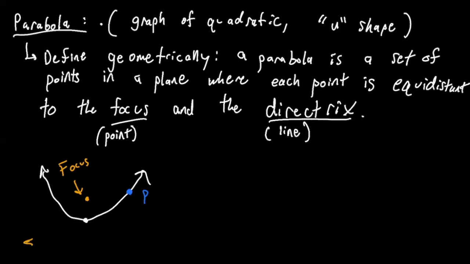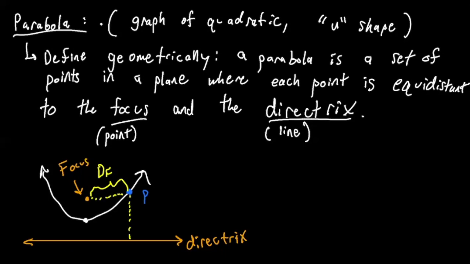And the directrix is a line that we have. So for example, down here, this could be the directrix. So every point on this parabola is equidistant from this point. So this is the distance to the focus, d_f, here, and the distance to the directrix.